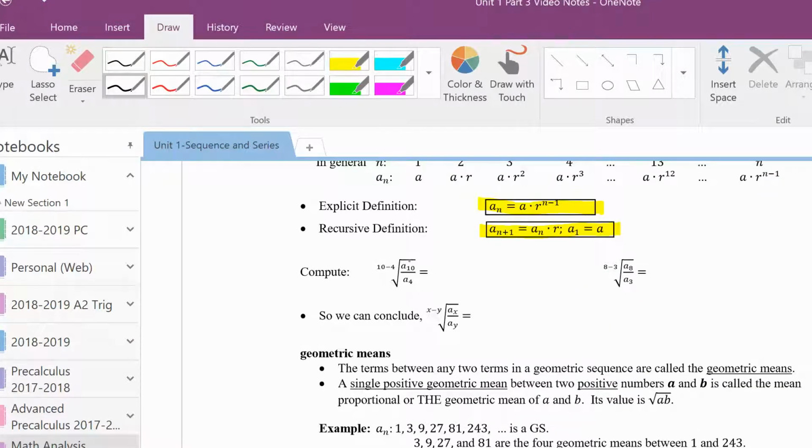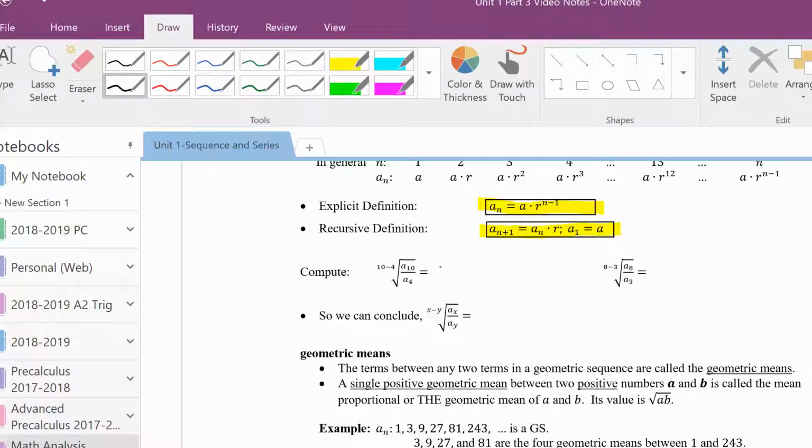So if we look at some computation here, if we take the 10th term and divide it by the 4th term... actually, sorry. Let's write it out.